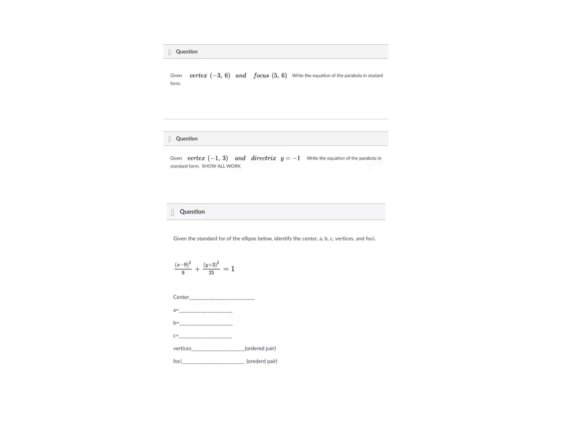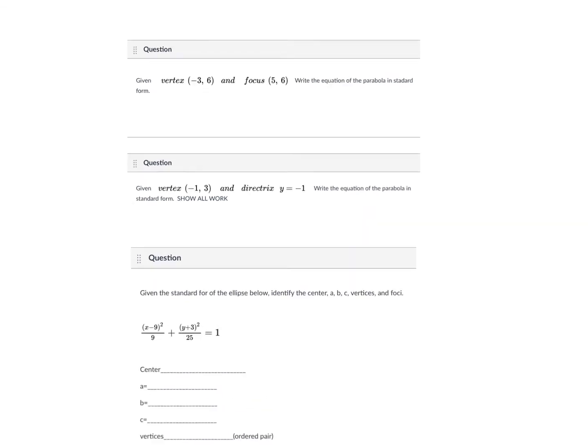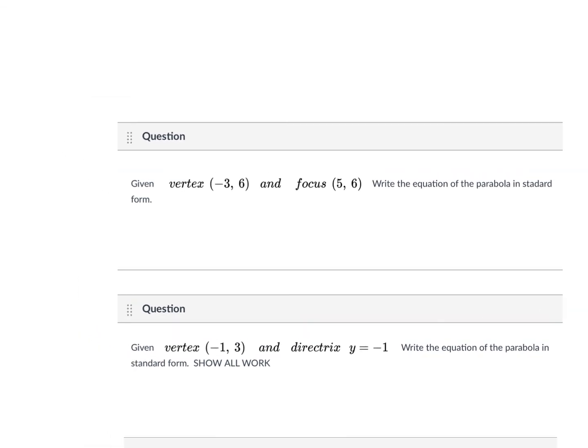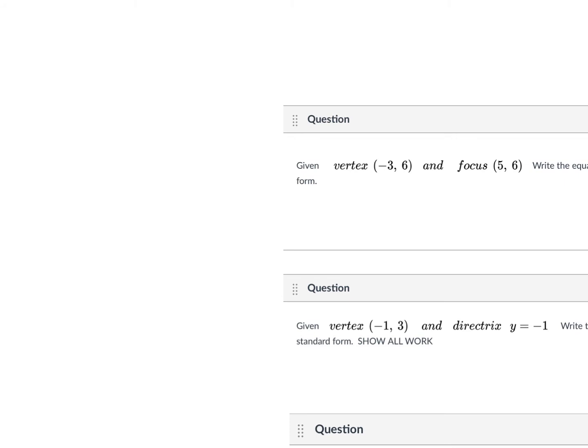All right, page 5, number 1. Given the vertex and the focus, write the equation of the parabola in standard form. I'm going to graph it just so we can get a nice visual of what's going on. Our vertex is negative 3, 6, and our focus is 5, 6.